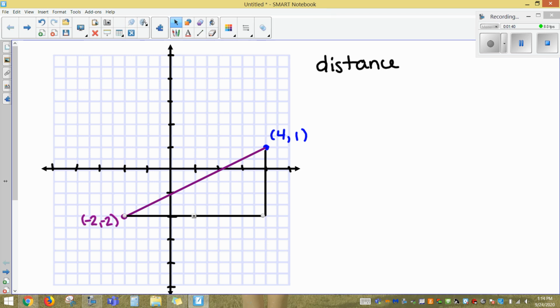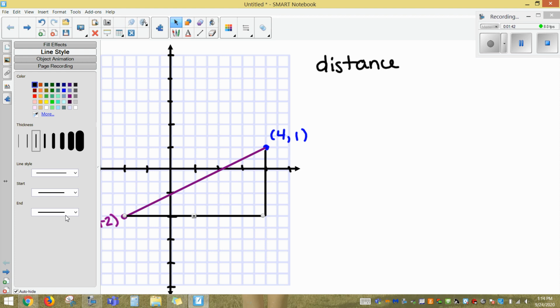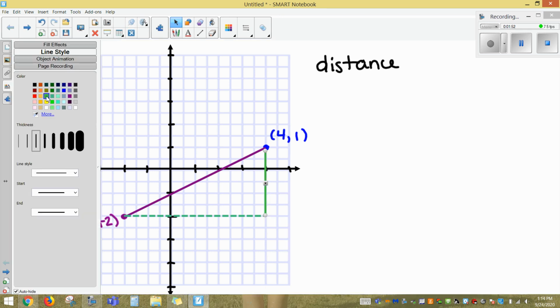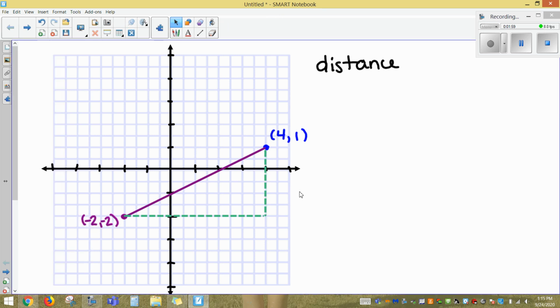And then from there, notice what we've created is a right triangle. Let's pick a different color, green. So we've created a right triangle there.